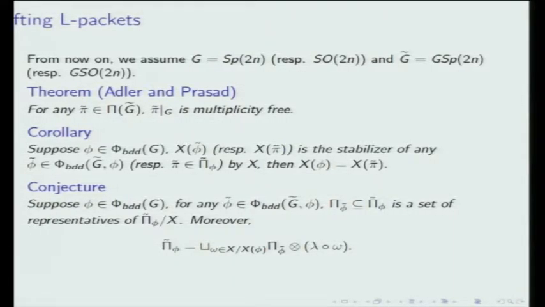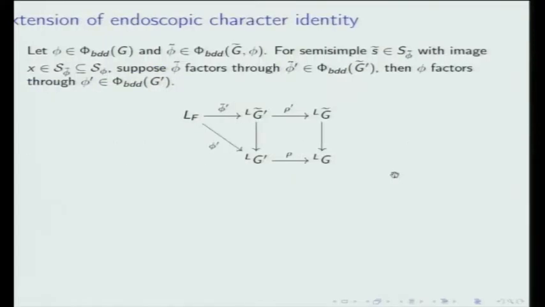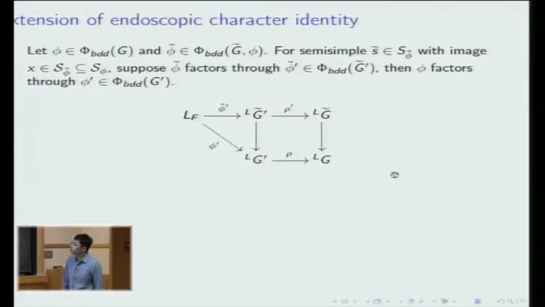And so now we go back to the setup for the endoscopic character identity. We take a parameter for G, and we take a parameter of G tilde which lifts G, and we take a semi-simple element in S tilde. And as we said previously, this psi tilde will factor through an endoscopic group of G tilde.